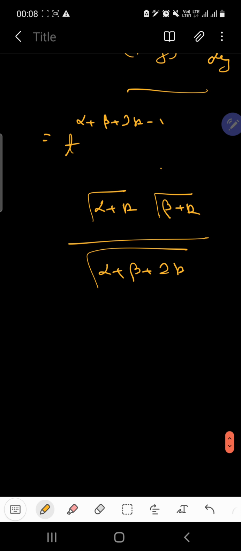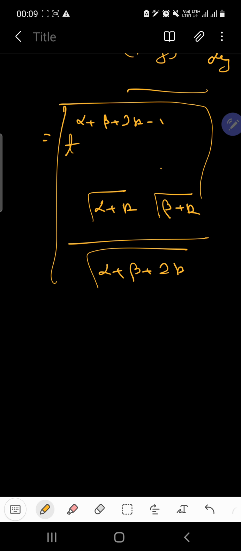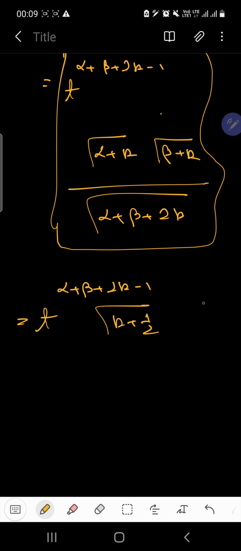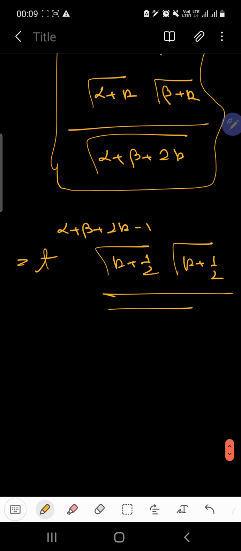Okay. Now this is the answer to the first evaluation. Now if alpha and beta are half as given in the next part of the question, this becomes t to the power alpha plus beta plus 2k minus 1 times gamma of k plus half, times gamma of k plus half over gamma of 2k plus 1.